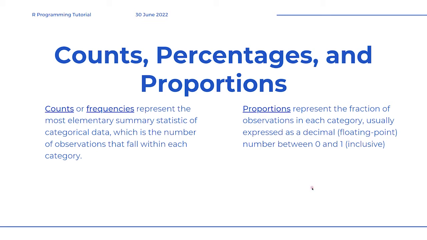It is computed from the frequency against the total number of instances in your dataset. It should always be a value between 0 and 1, which is always a decimal value.